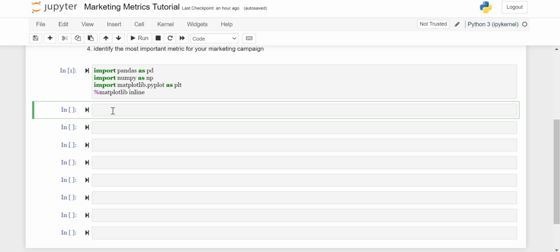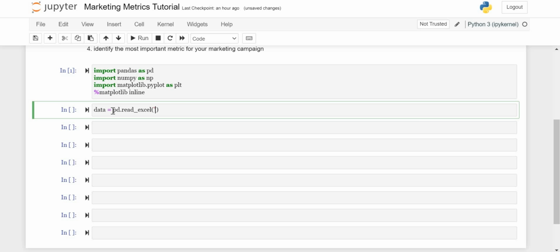So the next thing now is to import the data. I have already created a data that I can use to actually explain to you. So data is equal to pd.read_excel. It's in Excel format.